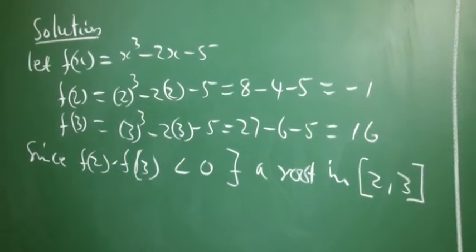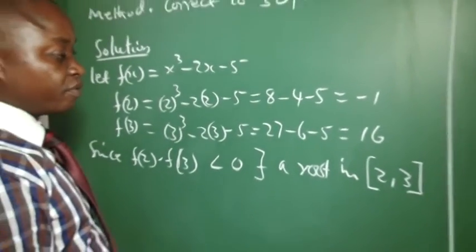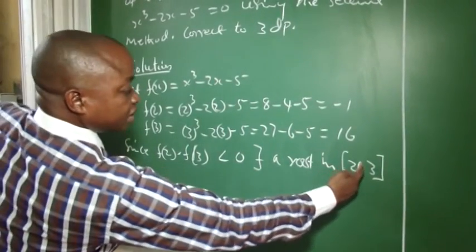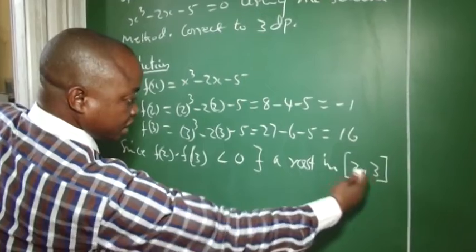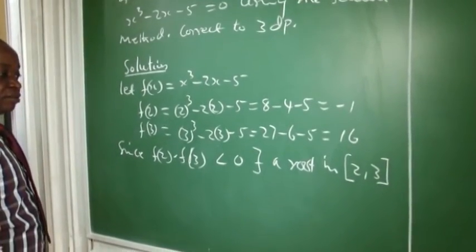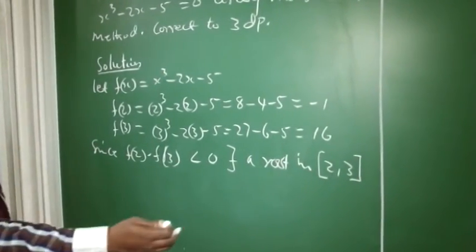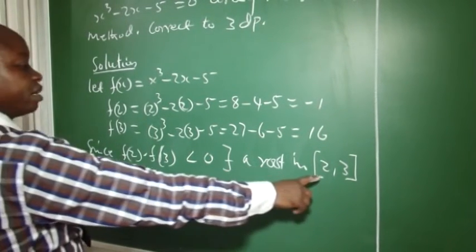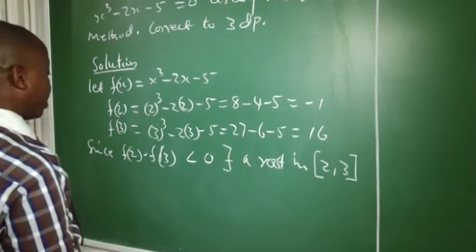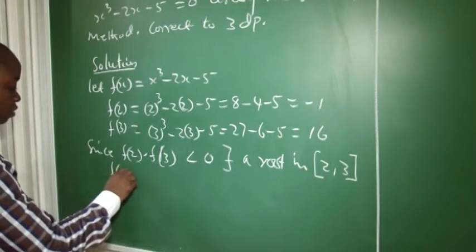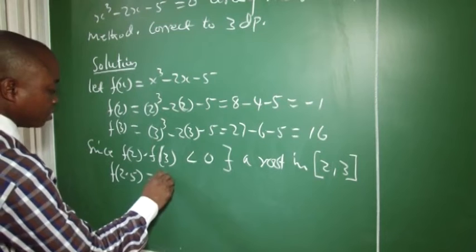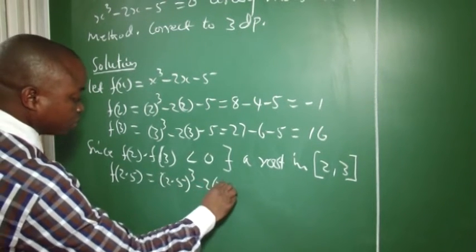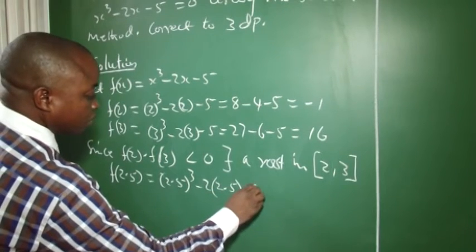But there's something I want to do so that we look for the convergence faster. I want to divide this interval and also know the side that it is. Most times it helps for convergence to come quickly. Let me divide it into 2 to have 2.5. So f of 2.5 will be 2.5 cubed minus 2 times 2.5 minus 5.